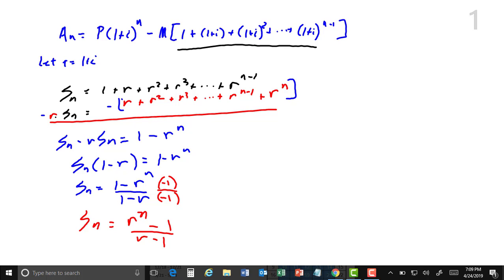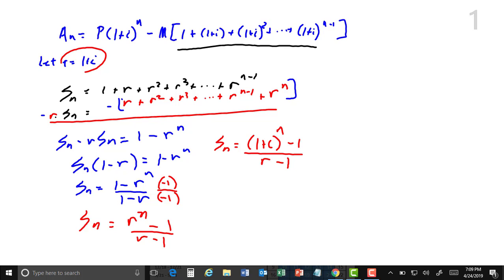So what I'm saying now is that I can substitute back this, right? So I can write s of n in terms of 1 plus i raised to the n minus 1, all over that guy, divided by this r minus 1.